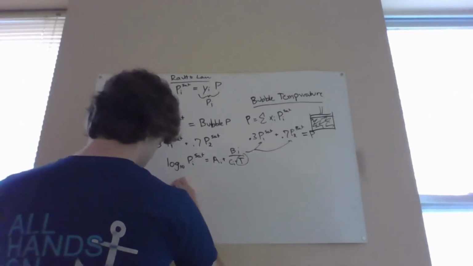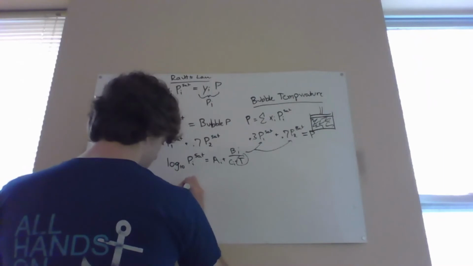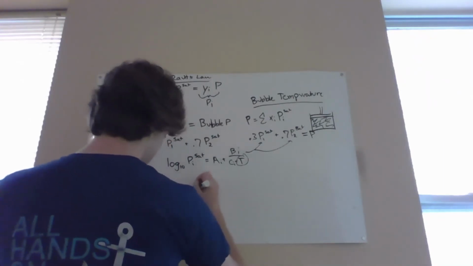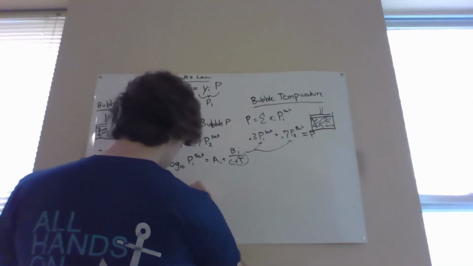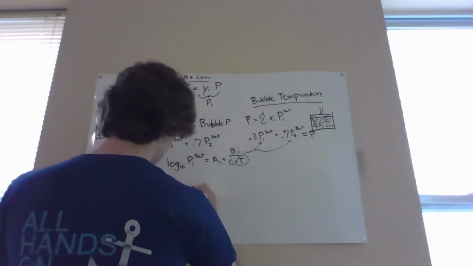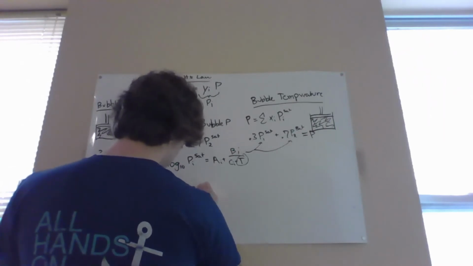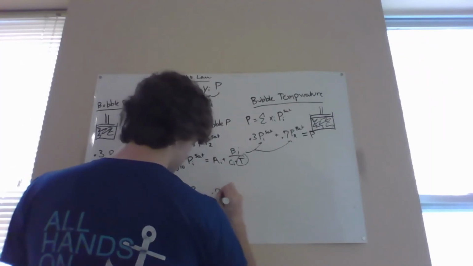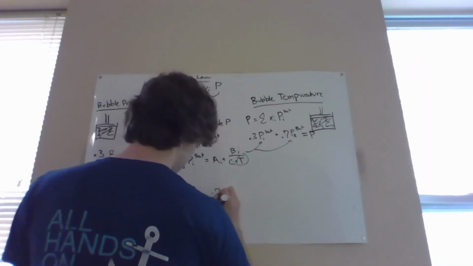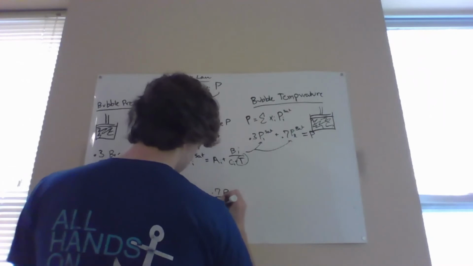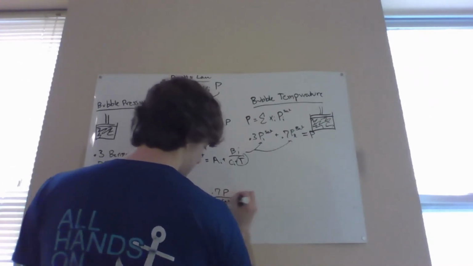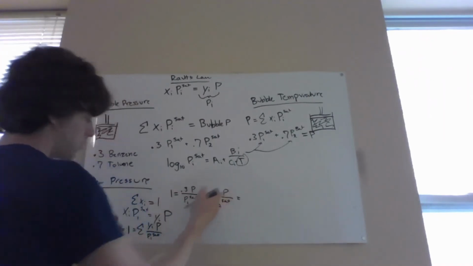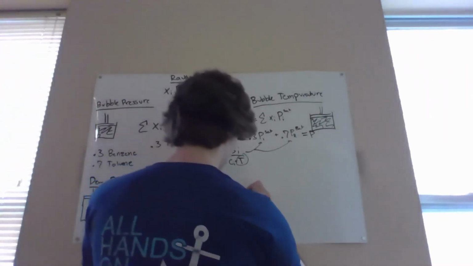We have 1 will be equal to the vapor mole fraction of benzene times the total pressure over the pure component saturation pressure of benzene plus the mole fraction of toluene times the total pressure over the pure component saturation pressure of toluene. And then I can factor out the total pressure, which is what we'll be solving for in this case.